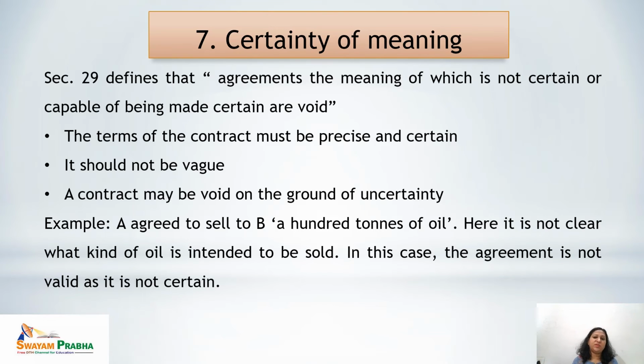Now we move to the next point, that is certainty of meaning. Section 29 of the Indian Contract Act states that agreements, the meaning of which is not certain or capable of being made certain, are void. Here certainty means it should be clear. Like if I say a certain sum of money, it may have a different meaning for me and a different meaning for you.